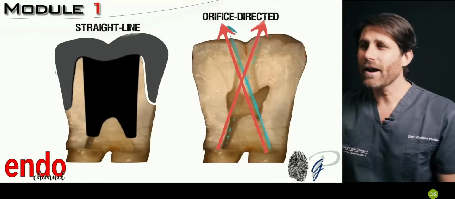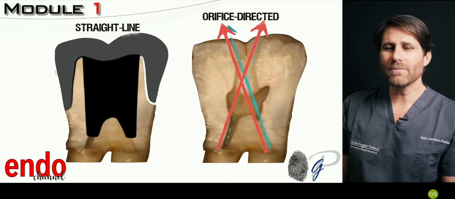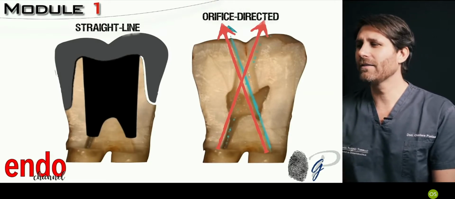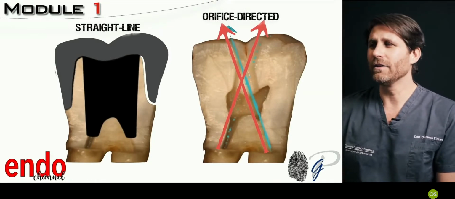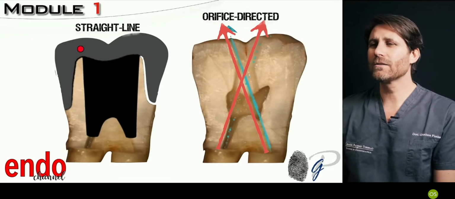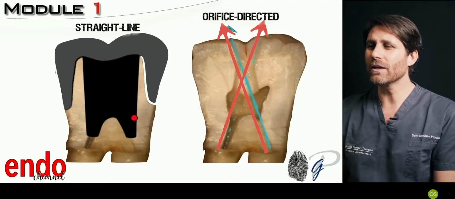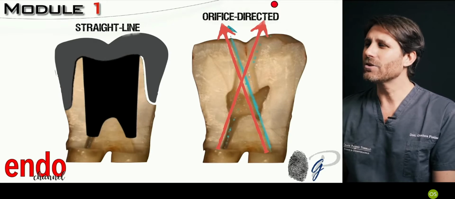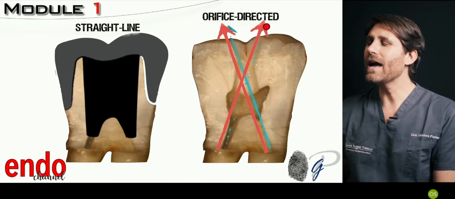The Clark Academy gave us a principle of orifice-directed access cavity, not a straight line access cavity with divergent parallel walls, but an access cavity that is guided by the direction of the orifice.